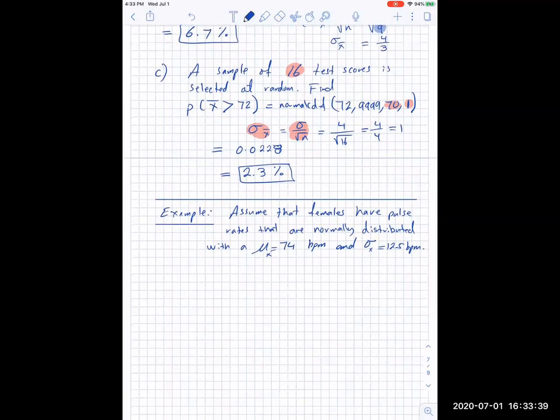Okay. If one adult female is randomly selected, find the probability that her pulse rate X is between 78 beats per minute and 90.